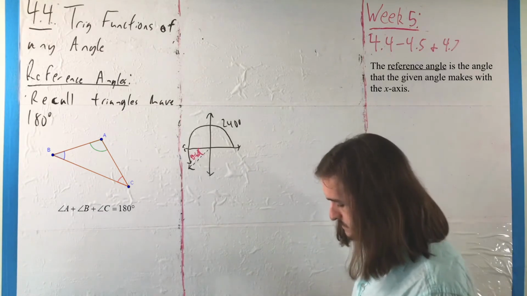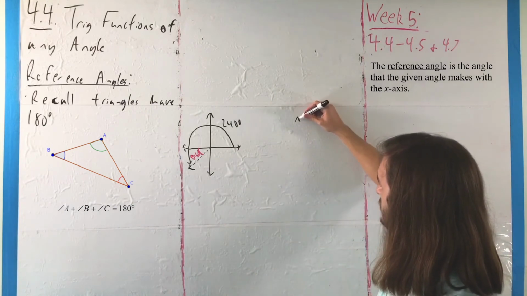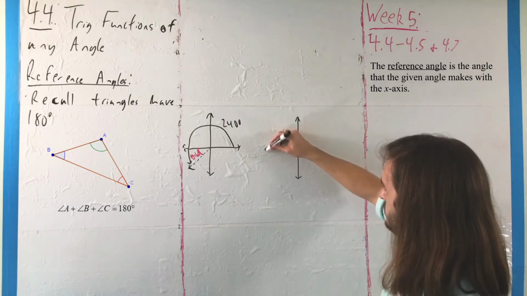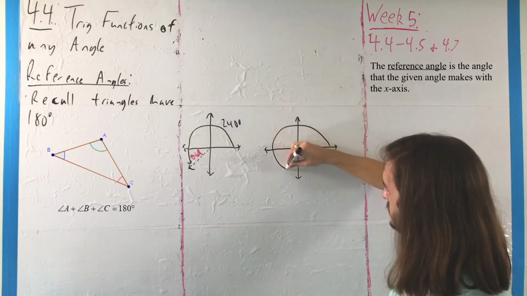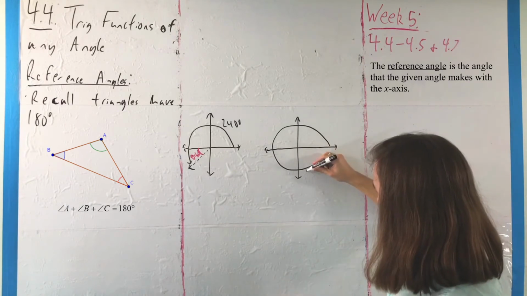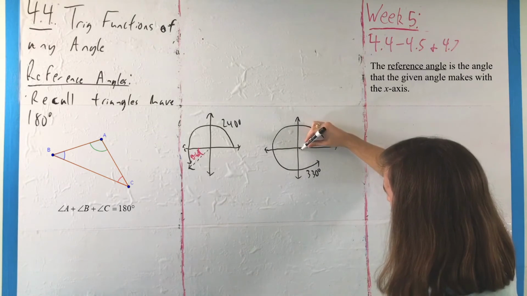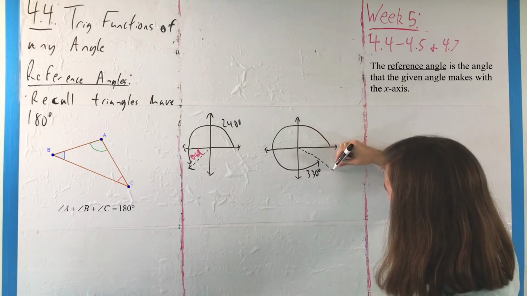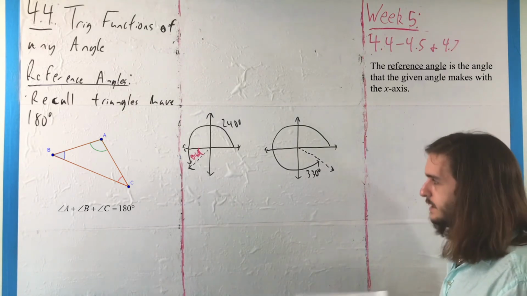Similarly, if we have some oversized angle that gets us pretty close to the positive x-axis going all the way around, something like this out to 330 degrees, well, that itself's not great.